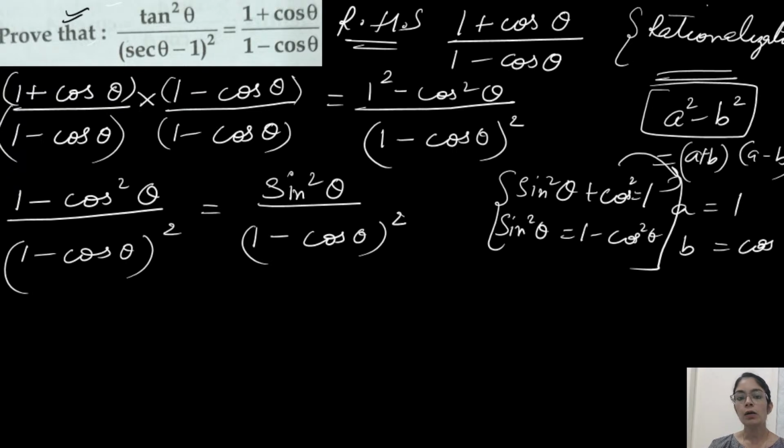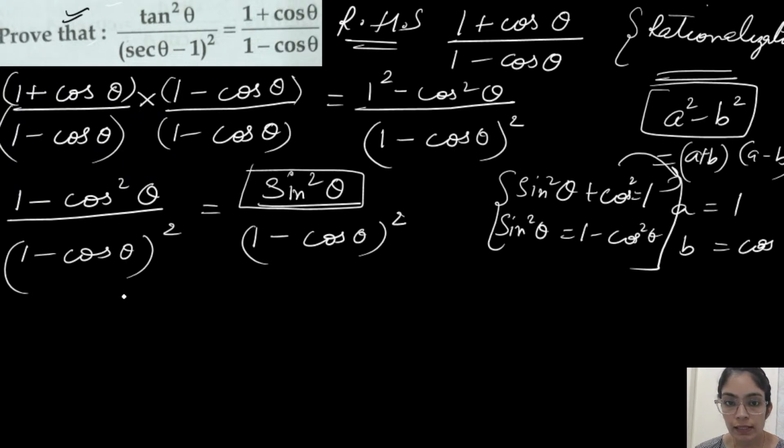Basically, we can use reciprocal relations, because we have to think about the relations. Everything is in sine and cos, so let's convert it into tan and secant. Tan is sine by cos.